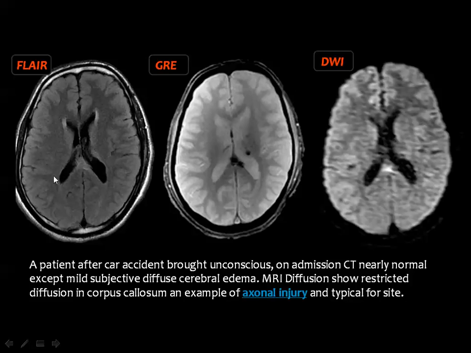Like this is an example. The lesions appear as petechial foci of hemorrhage, and this is the FLAIR image. Gradient images are very sensitive for detection of blood, like these foci.